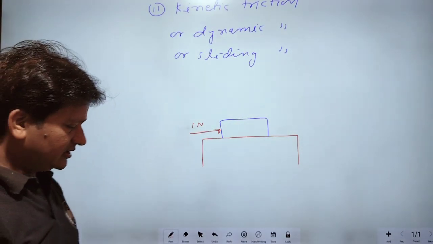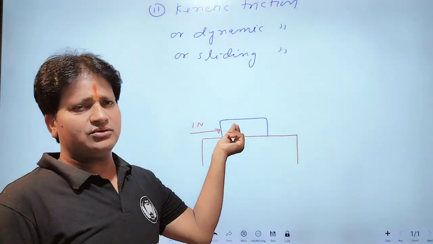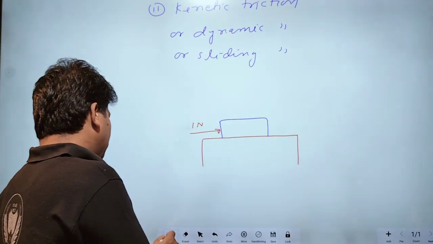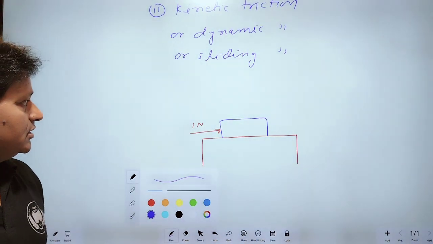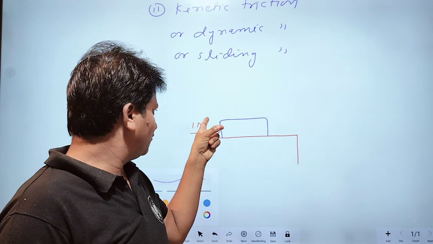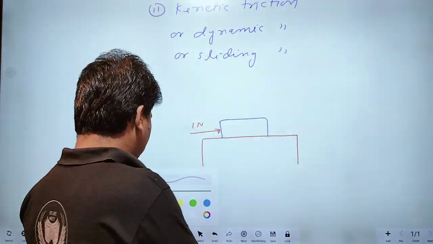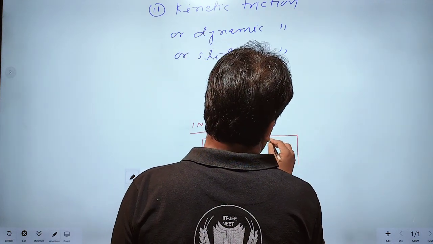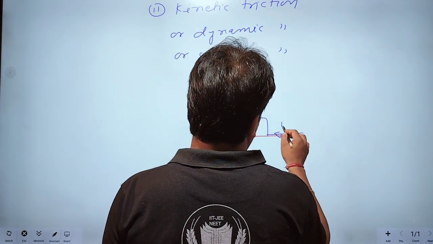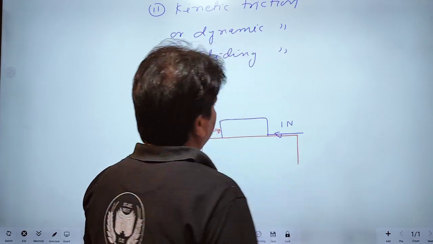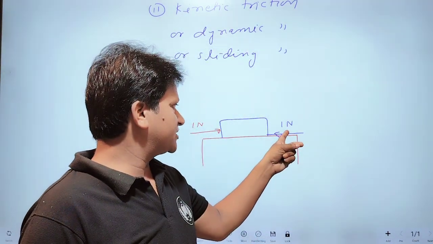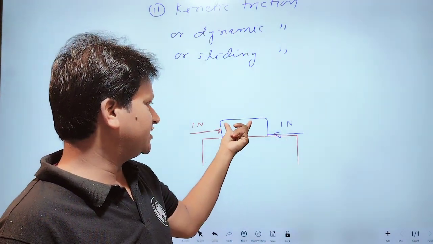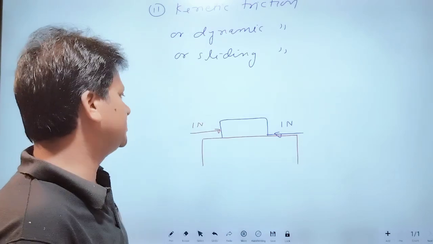This means that the net external force acting on the block will be equal to 0. This 1 Newton force is balanced by friction. This force will be the friction force, and the net force acting on this block will be equal to 0.